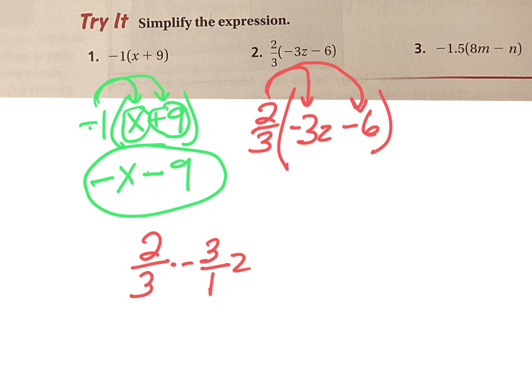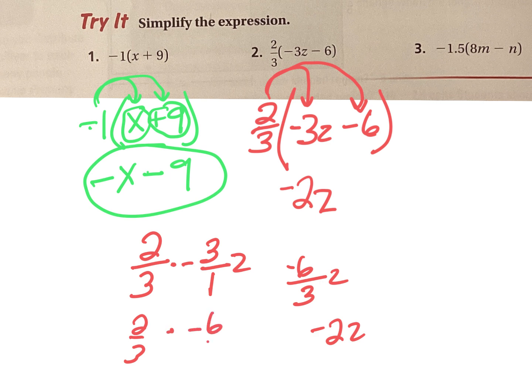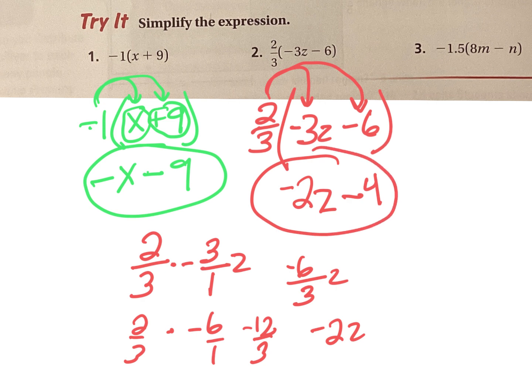So 2 times negative 3 is negative 6. 3 times 1 is 3. And negative 6 divided by 3 is negative 2. So that is negative 2z. And then 2/3 times negative 6. That would be a negative 12 over 3, which is a negative 4. And so I get negative 2z minus 4.